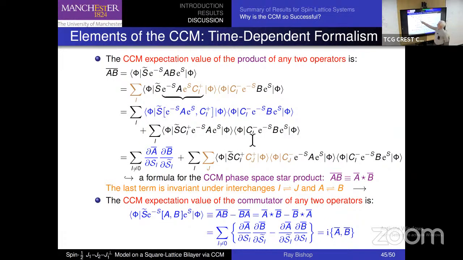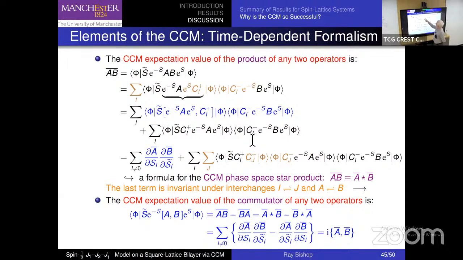Let's suppose I take the expectation value of the product. I put a bar over the pair, so that by definition is this. Now, to work this out a bit, let's insert a unit operator between the two. I've color-coded it; the brown guys are the unit operator. This is the sum over i of this bit, and by construction these are a complete set of states.